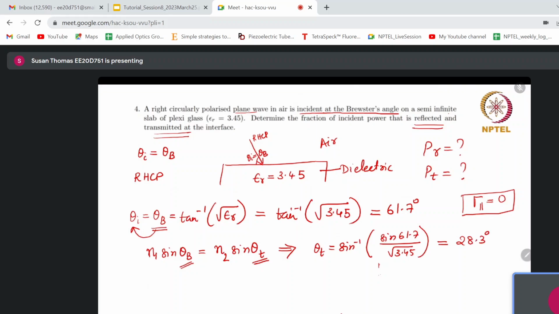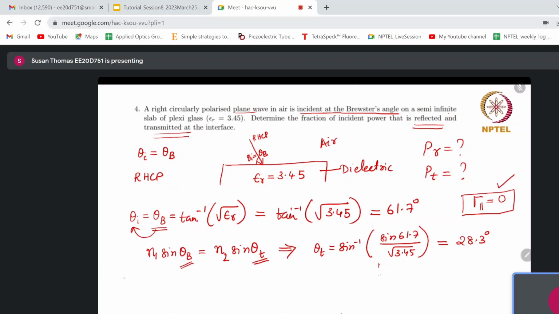Now, what is the reflection? The question is on how much power is reflected back. We already know that if the angle of incidence is equal to theta B, or Brewster's angle, the parallel polarized reflection coefficient is 0.